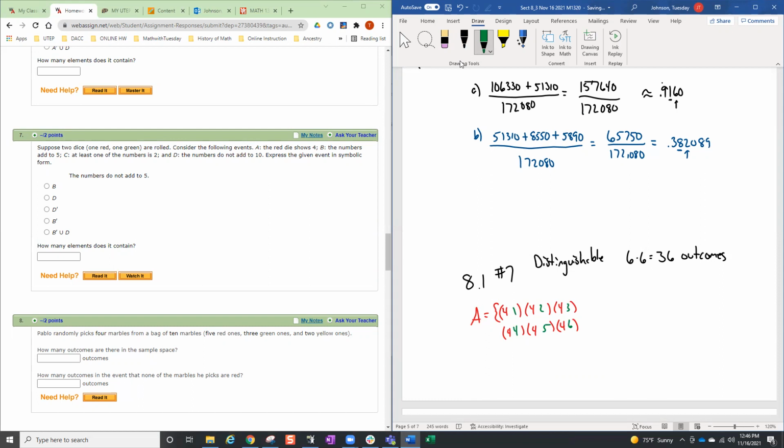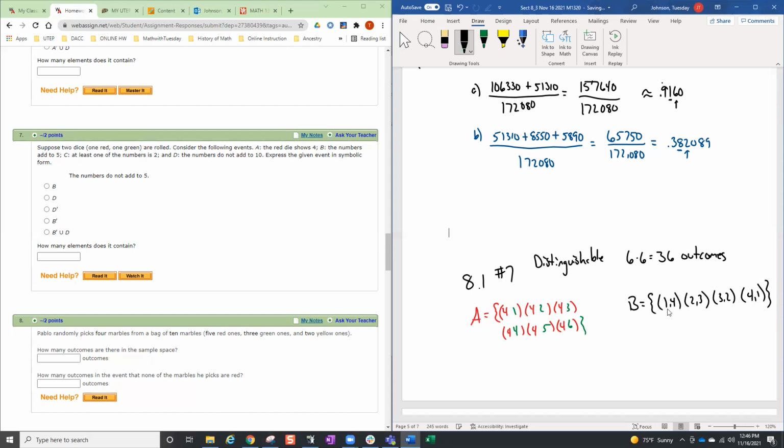Okay, so that's my set A. For B, the numbers add to 5. So if I'm looking at B, how do we add to 5 using 2 dice? We could have 1 and 4, 2 and 3, 3 and 2, 4 and 1.